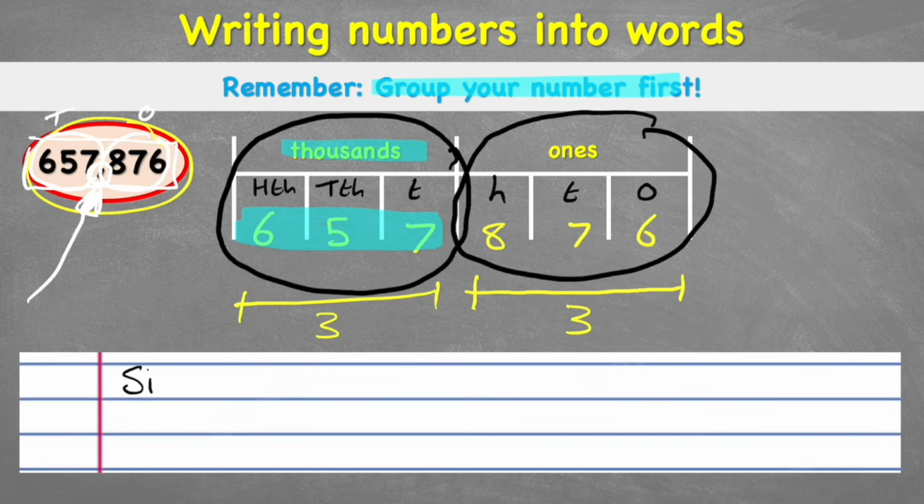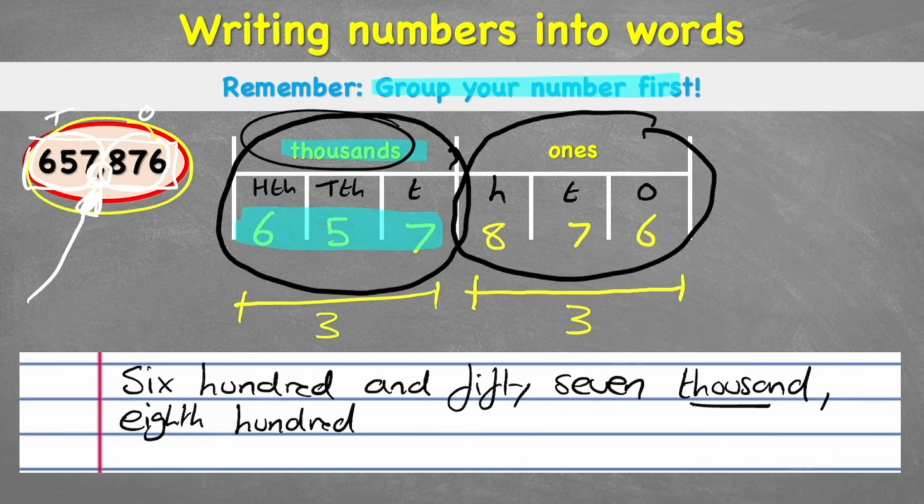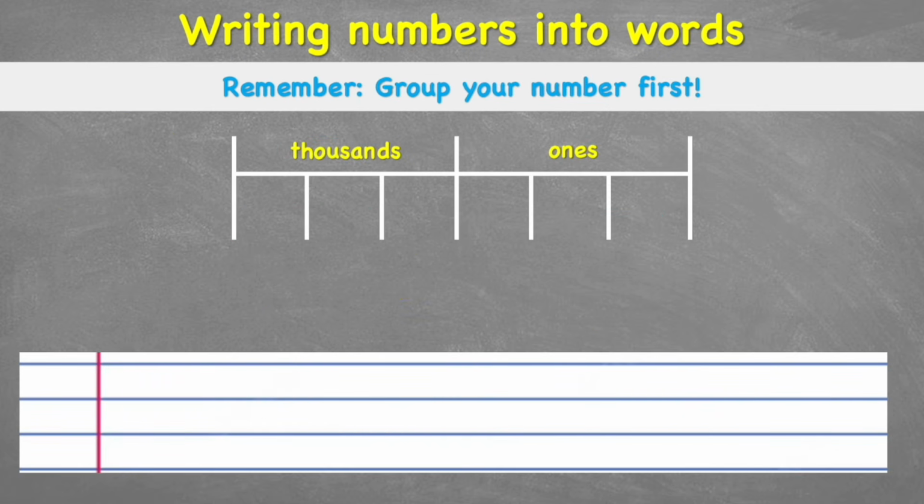So I have 657,000, because remember we're in the thousands column, then I can put my comma, 876, because 876 is what I can see in my ones column. And that's about as hard as it can get.